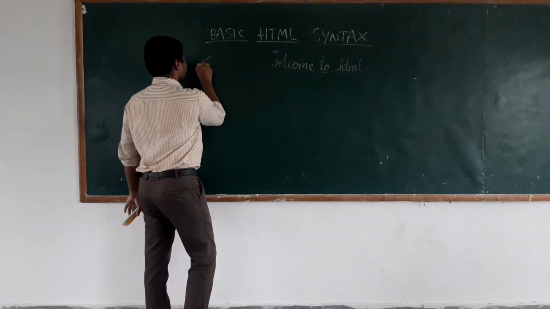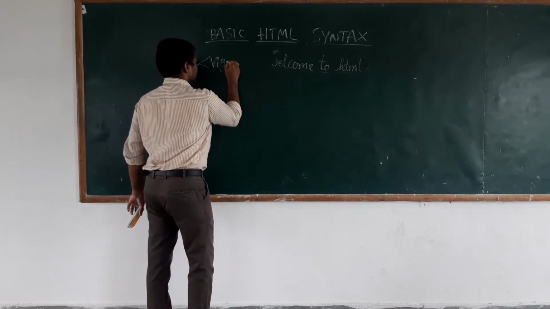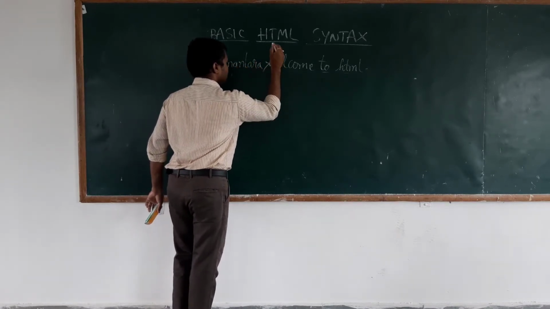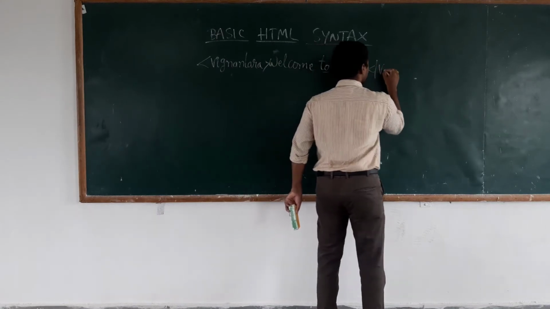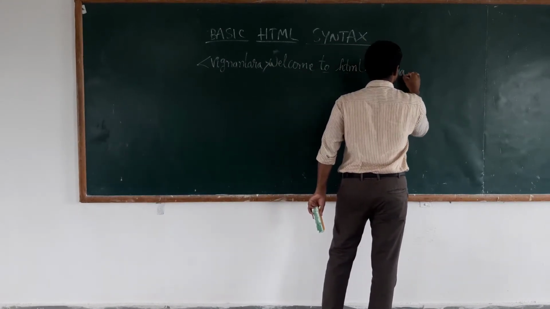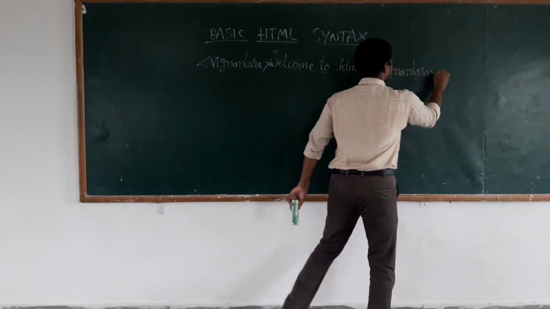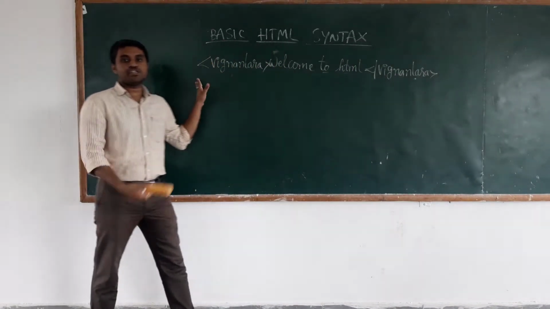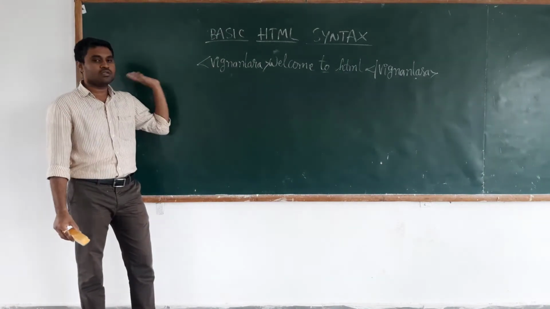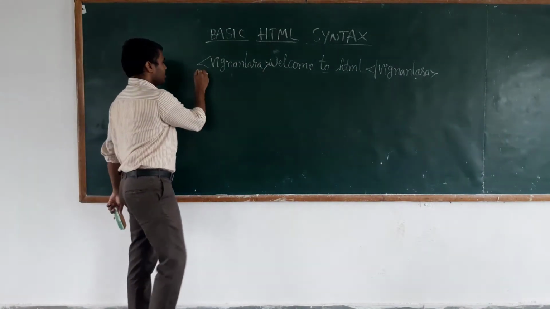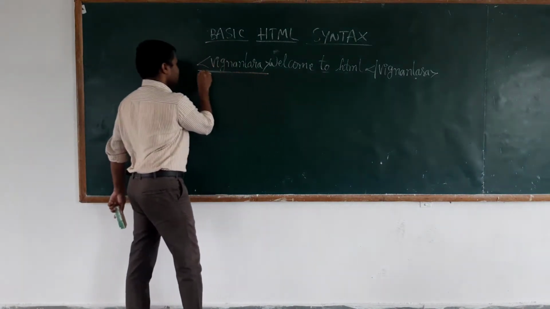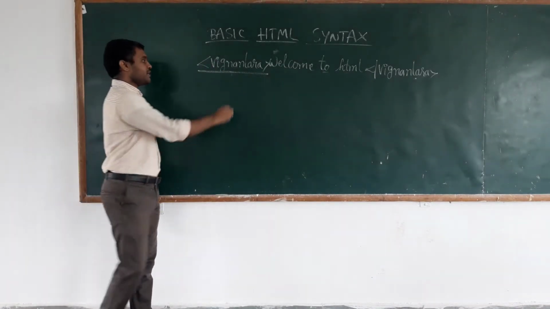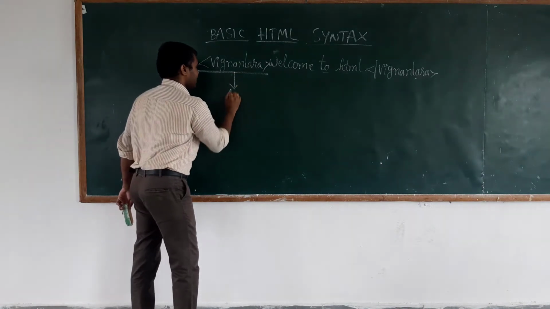Let us say, for example, I have written something like this: <Vignan Lara> welcome to HTML </Vignan Lara>. Now, how is your web browser going to interpret this statement and print the output? Whenever it encounters a left angular bracket and right angular bracket, it treats that content as a tag.